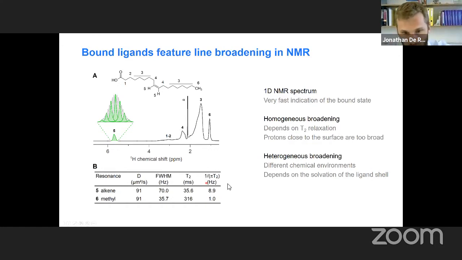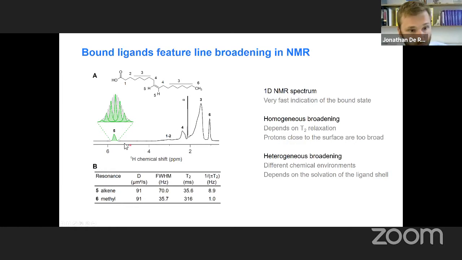But if we calculate how much, because you can measure the T2 time, and so you can calculate the homogeneous broadening, then you see that this homogeneous broadening is only a small fraction, here it's 9 hertz of the total full width half maximum. And so the biggest contribution to the broadening of these resonances is heterogeneous broadening.